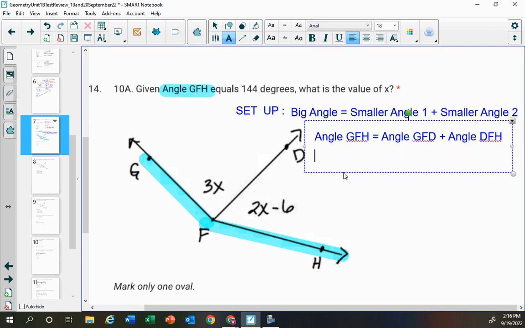So angle GFH, that's the big angle. What are the two smaller angles? What are their names? GFD and DFH. Angle GFD plus angle DFH. Very good. That's right, Brooklyn. What's the measurement of GFH? That's given to us. So it's 144 equals, and somebody else said it, 3x plus, what else?